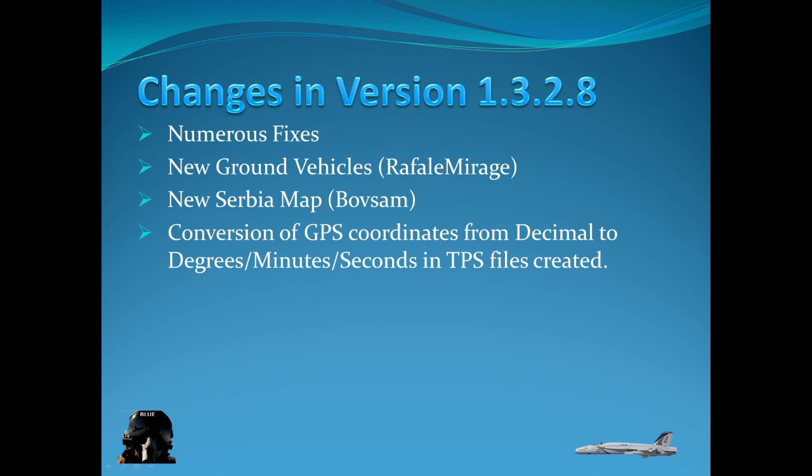There's also a conversion of GPS coordinates from decimal to degrees, minutes, and seconds in the TPS file created, and we'll look at that. The team selection was added for use with simple AI aircraft.